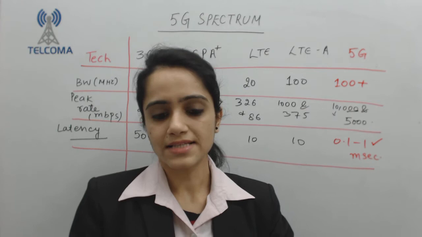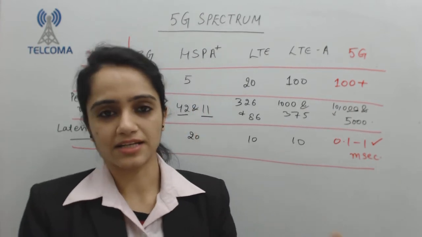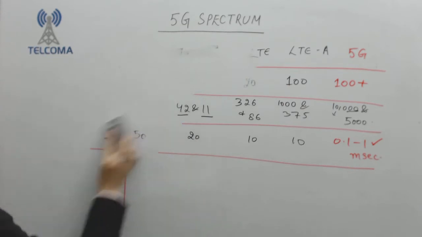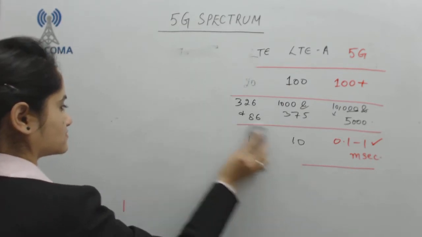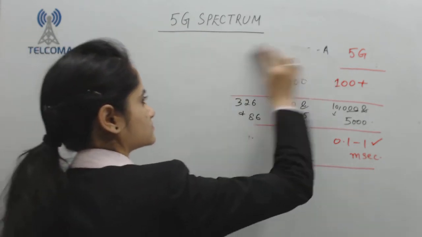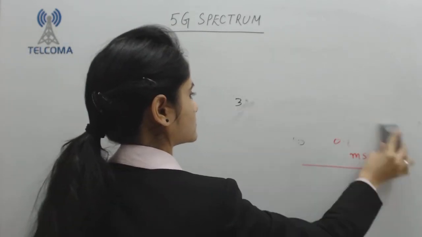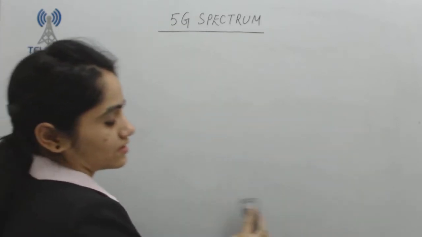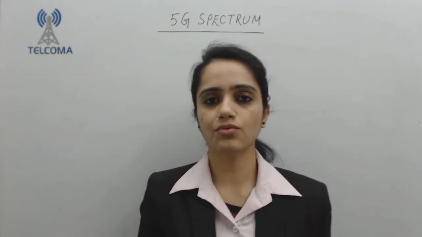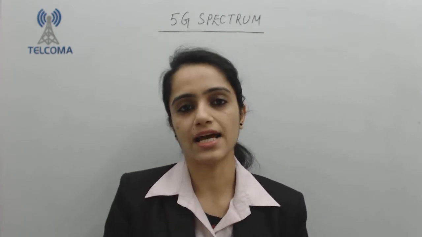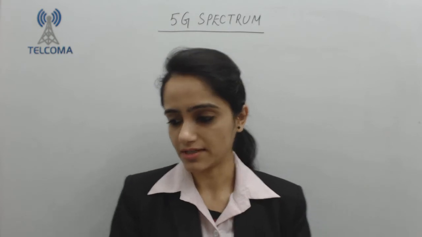Now let's have a view of 5G and spectrum. So I will make a graphical view, and on that graphical view we can see the bandwidth as well as the latency and other parameters.